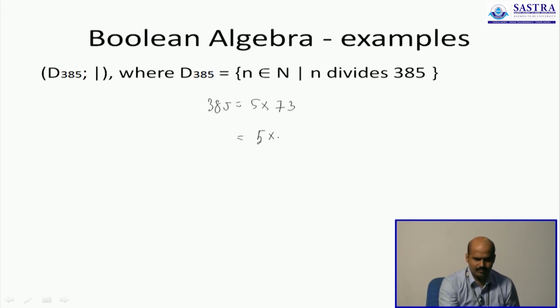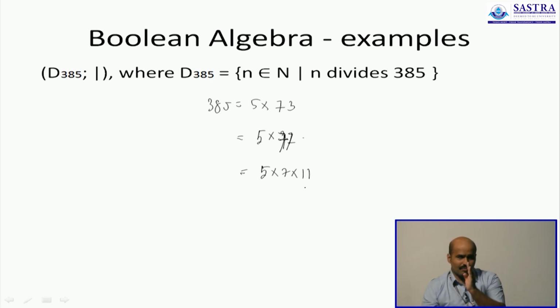Yeah. 37 in fact. No. 5 times 77 is what we have here. 3 times 85 is 5, 3 times 385 is 5 times 77. So clearly, you write it as a product of 5 times 7 times 11.